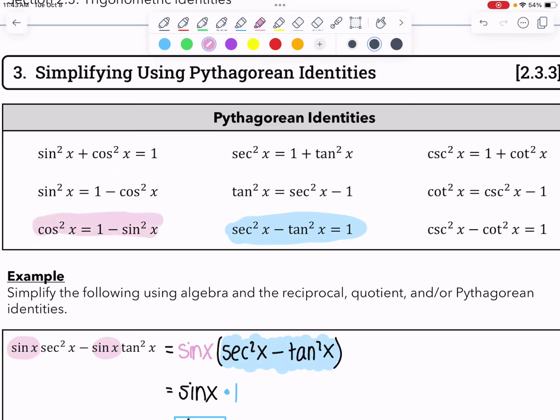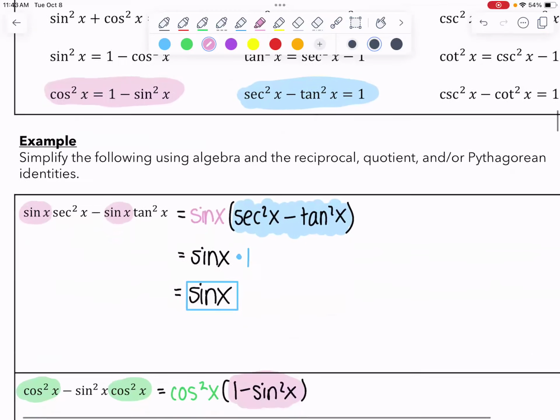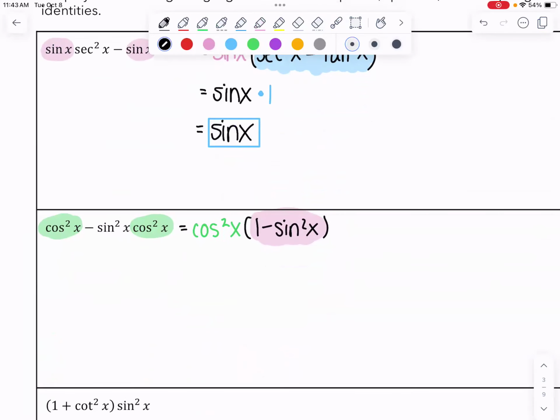Oh, well, that is cosine squared. So we have cosine squared x that we pulled out, and we have this 1 minus sine squared x, which is equal to cosine squared x.